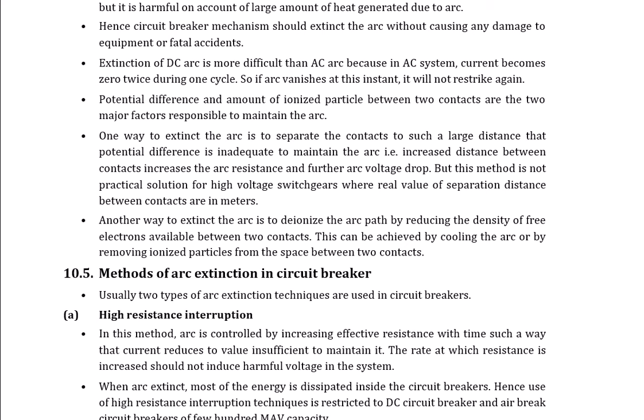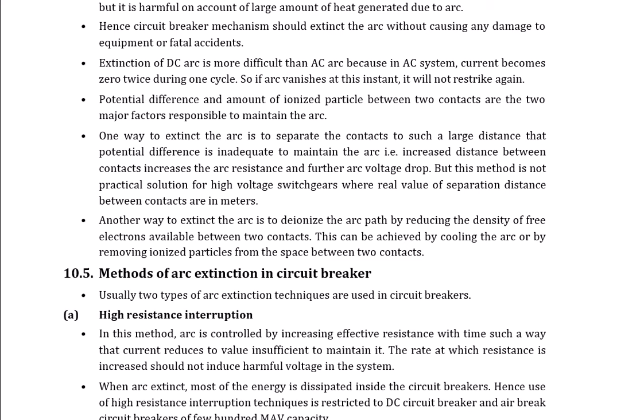Okay, so extinction of DC arc is more difficult than the AC arc. This is one of the important points that you have to mark, because in AC system current becomes zero twice during one cycle. So if arc vanishes at this instant, it will not restrike again.